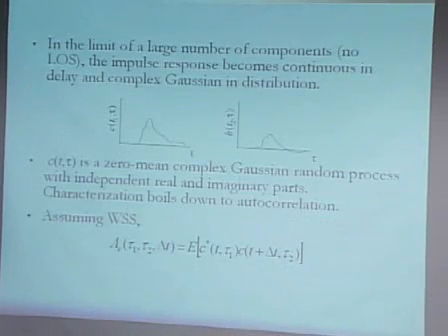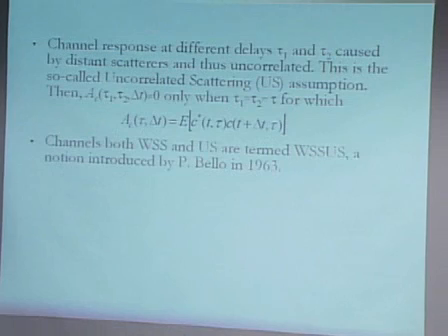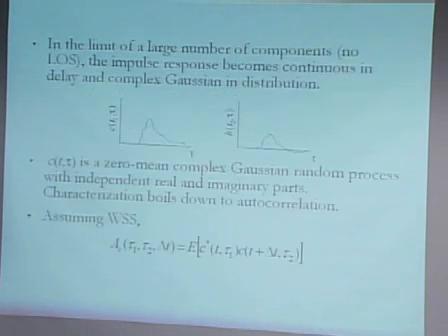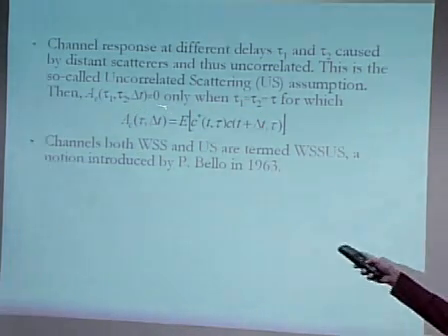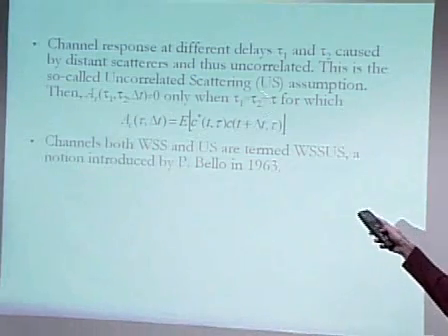Okay, that's good news for us because it means we can just focus on the case where tau 1 is equal to tau 2, and let's call that tau. So now instead of having three variables, we have just two. We have the autocorrelation as a function of tau and delta t. Everywhere else, whenever tau 1 and tau 2 are different, the correlation is 0. Now let's study the correlation when the taus are equal.